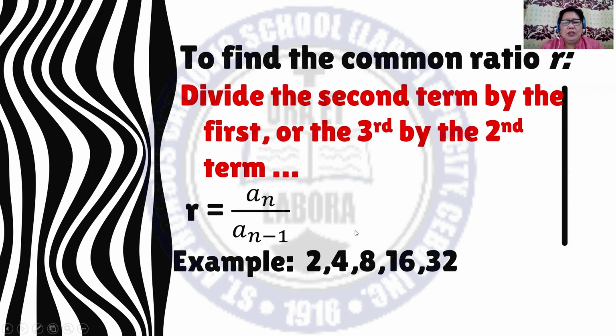If we take these two consecutive numbers, 8 and 4, 8 divided by 4 is 2. Using 16 and 8, 16 divided by 8 is 2. And using the last two terms, 32 divided by 16 is 2, meaning the common ratio is 2.